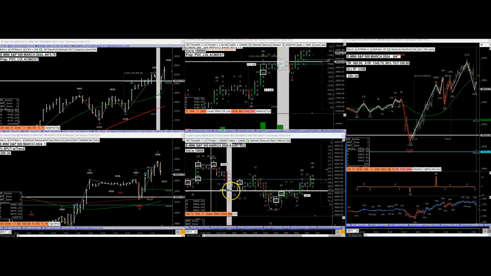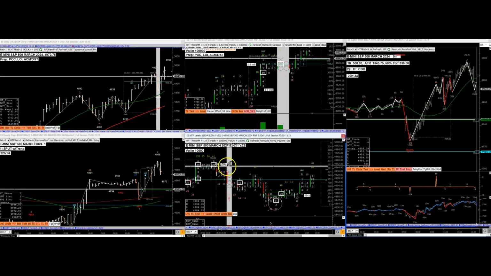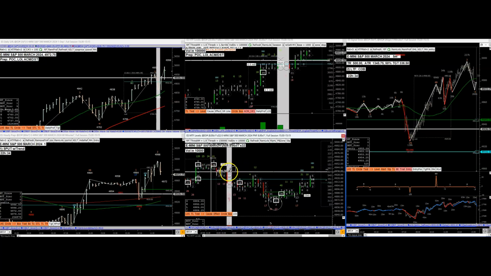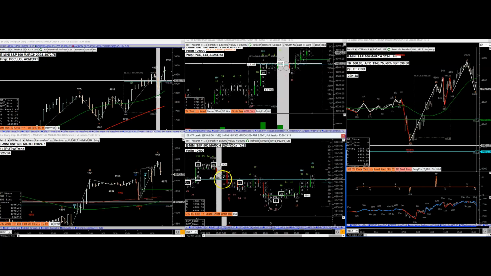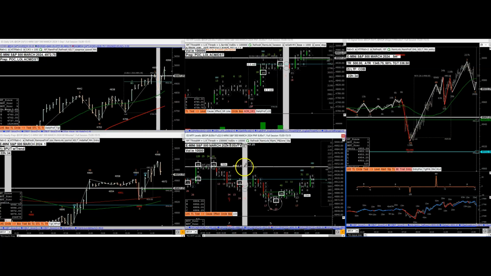Where is the high volume? We look at this and we see the first one says 1, the second one says 14, third one says 14, other one says 16, other one says 9.